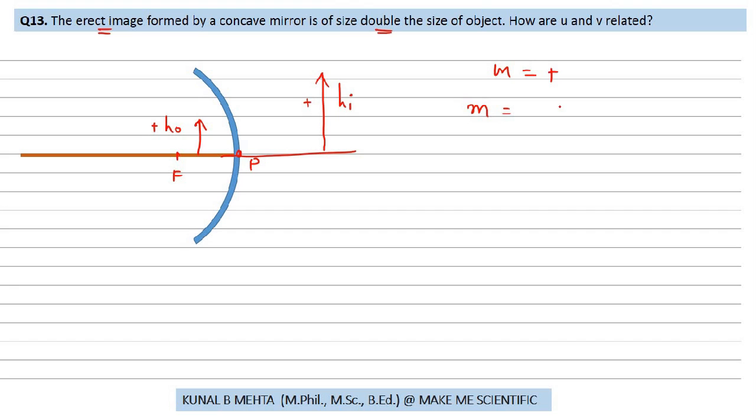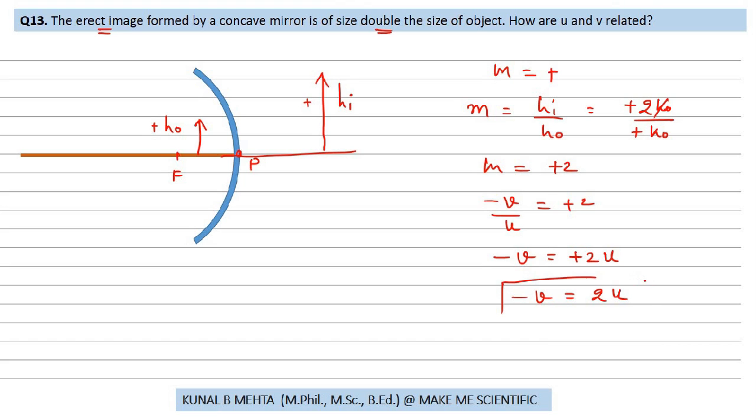So magnification is hi upon ho, but height of the image is double the height of the object, and it is a virtual image, so it will be erect, so positive. All distances above the principal axis are positive. Again, magnification is +2, so magnification is minus v upon u, that is +2. On cross multiplying, minus v is equal to +2u, or simply minus v is equal to 2u. This is the answer to the problem.